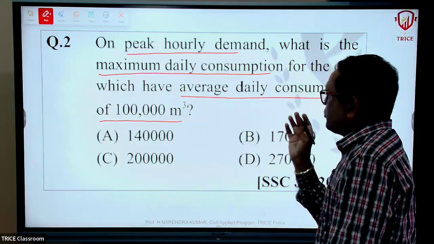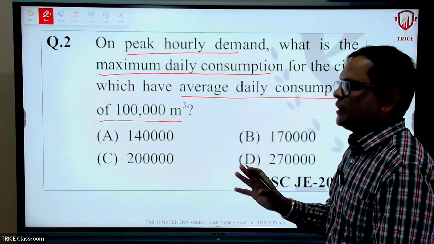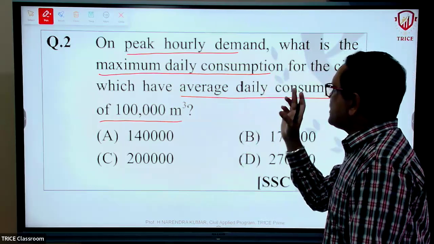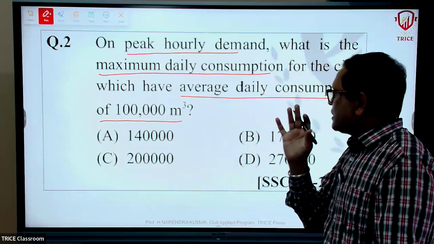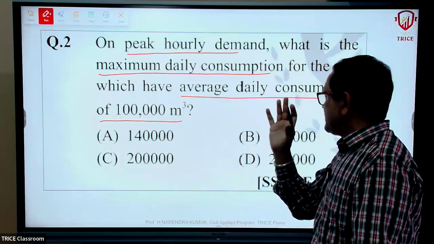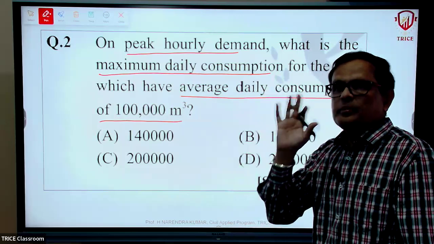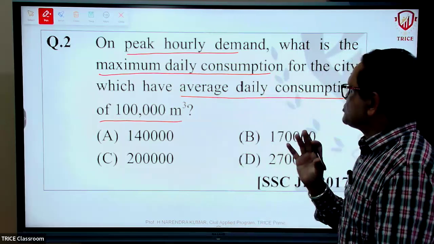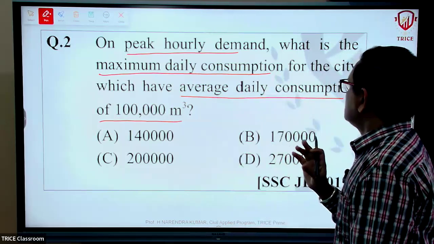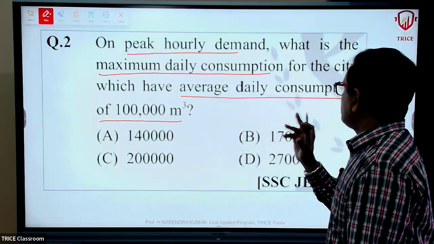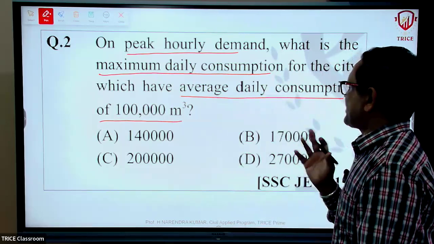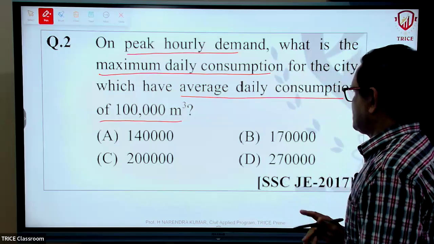See, why I'm stressing a few things here, because peak hourly demand is the maximum demand required for a given population. Okay, so peak hourly demand, what is the maximum daily consumption, whereas average daily consumption is given in the problem as 1 lakh meter cube.